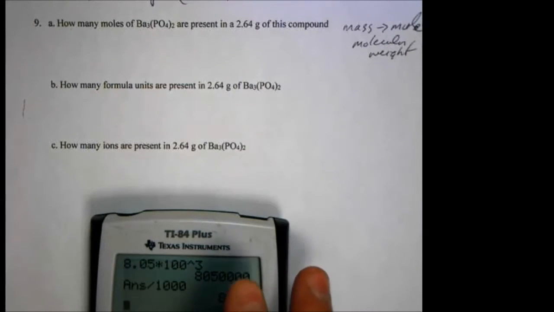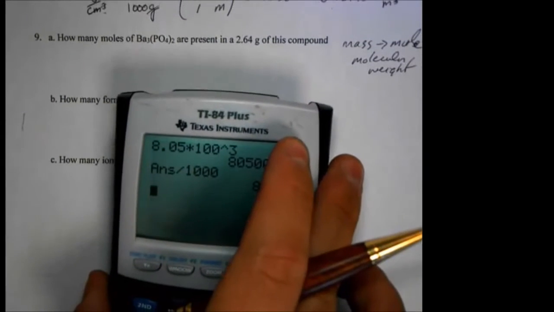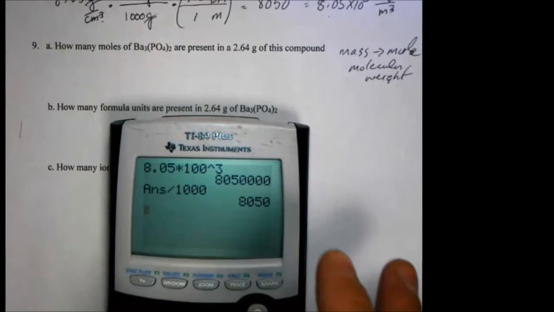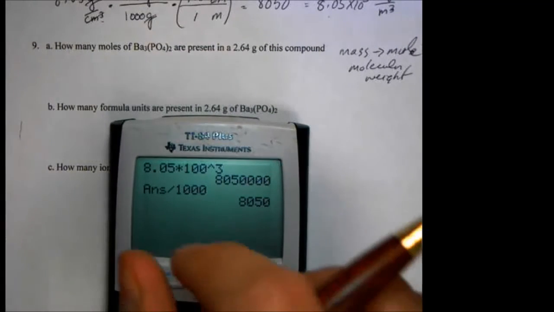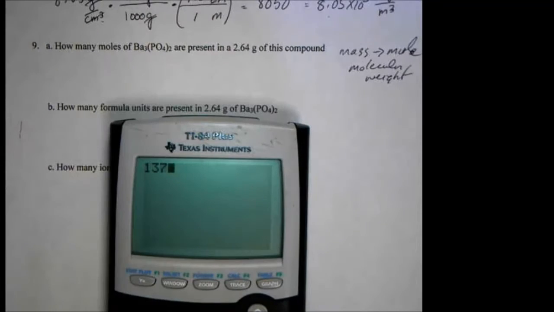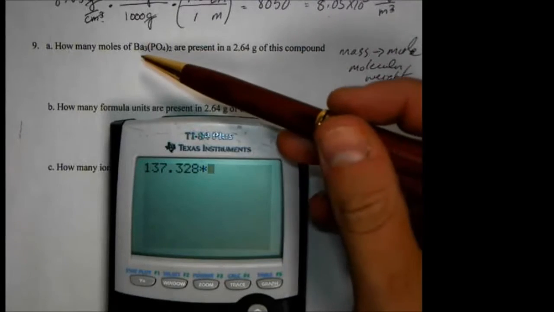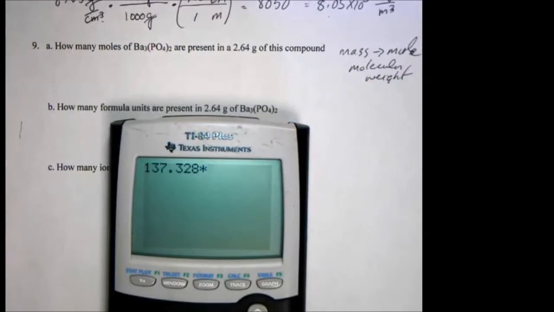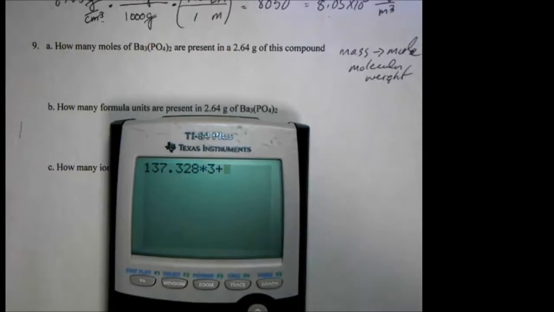To show you how I'm going to do this, I'm going to look up the mass of barium, and I get 137.328. We have 3 of those, so we're going to take that times 3. Then we're going to add to that phosphate.